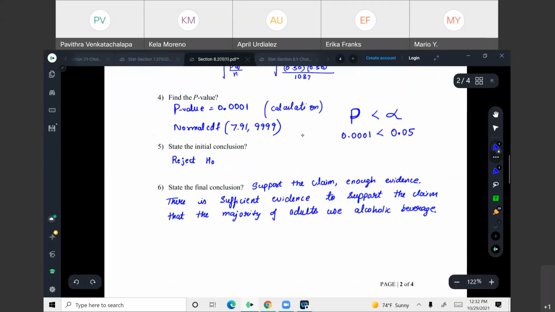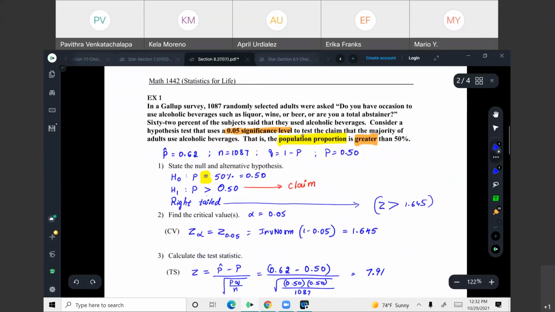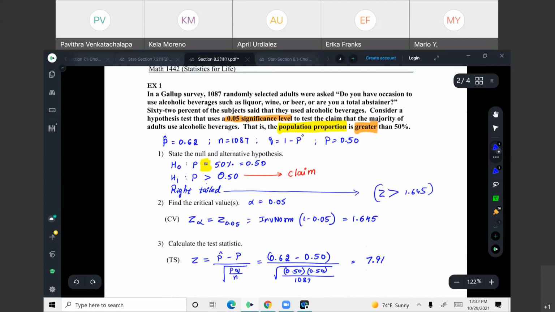So this is how you have to work on the hypothesis problems. This is there in your lab 8. So it is more of answering your final conclusion. You will have many problems. You just have to identify the null hypothesis, alternative hypothesis, and then find the p-value that you will be doing through JMP, plotting the histogram, all those things.